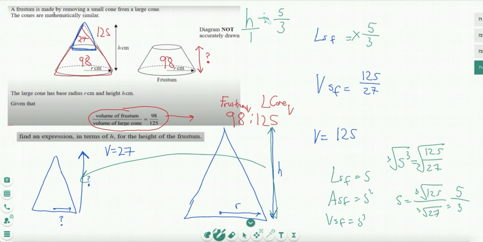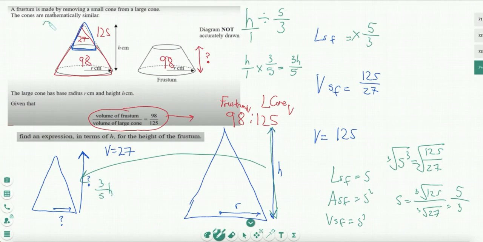How do we divide fractions? Well, we keep the first fraction the same, we switch the division into a multiplication, and we flip the second fraction, so 3/5. So now we can multiply the numerators, so 3 times h is 3h, and 5 times 1 is 5. So we know the height of the small cone is 3/5 h.